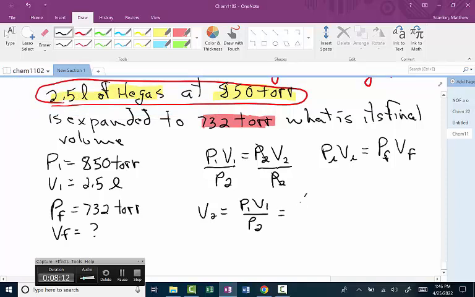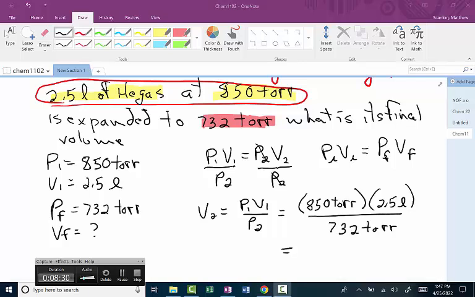So I have 850 torr times 2.5 liters divided by 732. That answer is 2.90 liters. I'm not real concerned about sig figs on these.